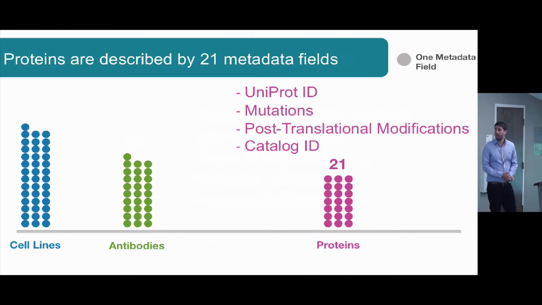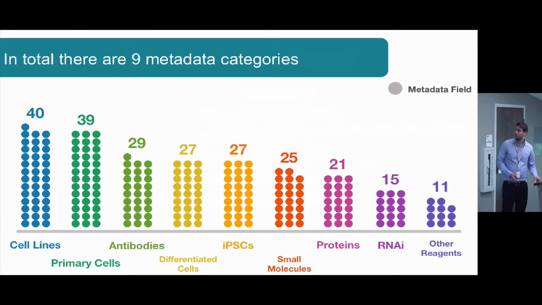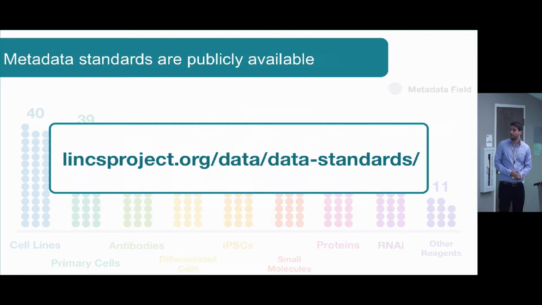For proteins, we have 21 fields, and we capture stuff like the UniProt ID of the protein that was used in the assay, or if there were any modifications and mutations. In total, we have 9 metadata categories. You can see we capture the most fields about the cell lines, and the fewest fields about the other reagents category that is targeted with everything else.